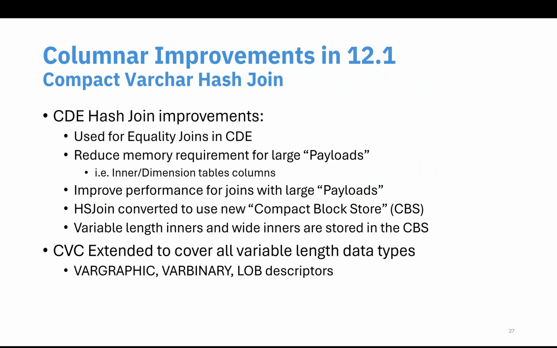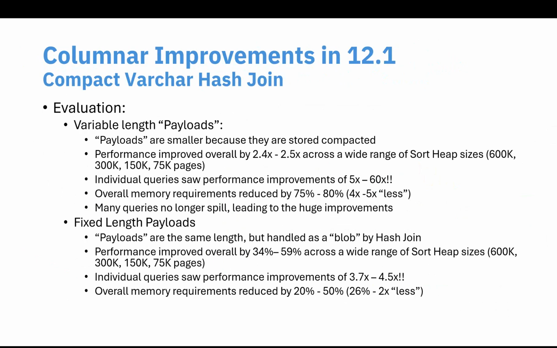So this really just means that when we have hash joins, we're doing a much better job of keeping the payloads into the memory they really require. We've also extended this to other variable types like vargraphic, varbinary, and the LOB descriptors, not the LOB data itself, but the descriptors. And what you can see with this improvement is that in many cases we can see 2 times or greater improvements.